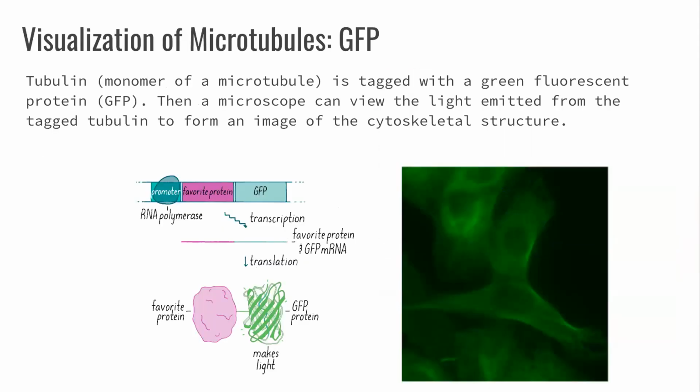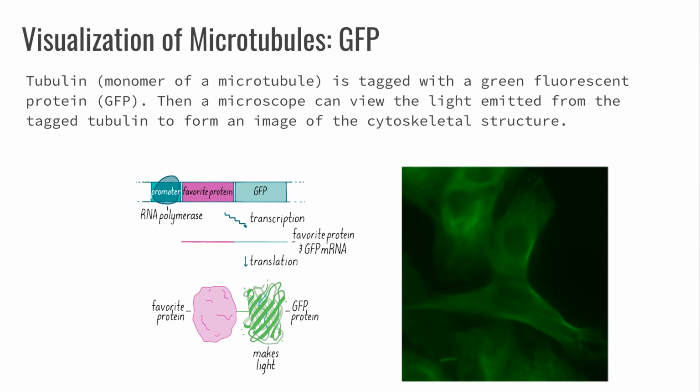So in research, there is a lot of visualization of microtubules in order to study cell function, and the way that microtubules are visualized usually is through GFP. Basically, how GFP works is it's a protein, and its gene is added downstream of the promoter for tubulin.